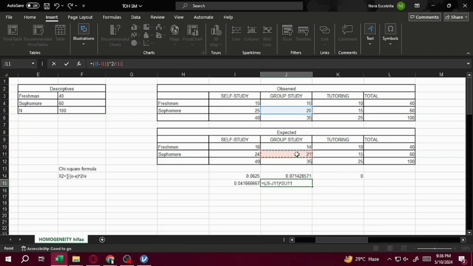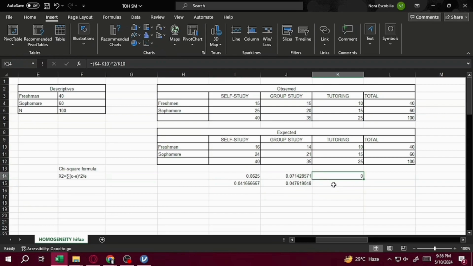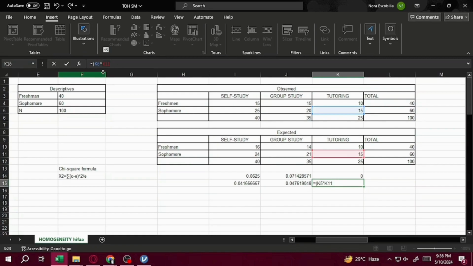So we have 0.0476 and so on. For the last, observed minus expected squared divided by expected. So 15 minus 15 squared divided by 15, we have 0.